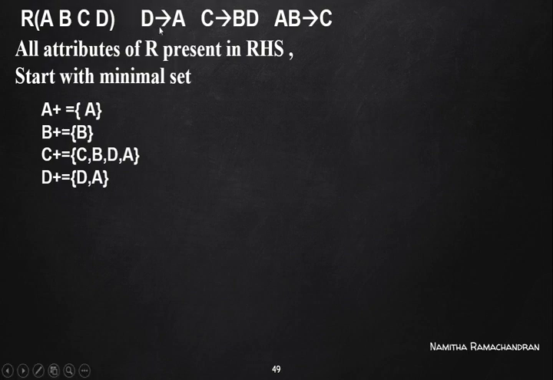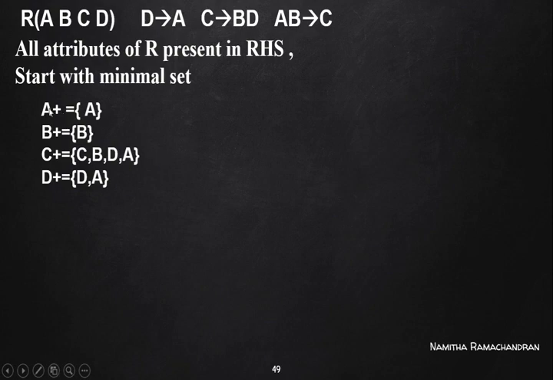Okay, but the case here is different. All the four attributes are present both in LHS and RHS. So we need to consider all the attribute closures. So start with the minimal set: A closure, B closure, C closure, D closure. So these are the closure sets. From this it is clear that C alone forms a candidate key.